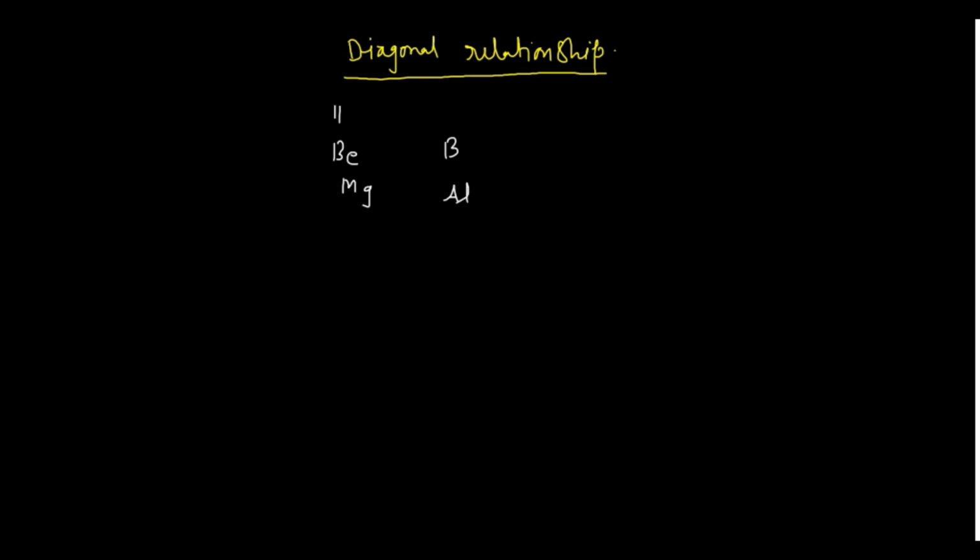Basically it is group 2 and group 3, this is your second period and this is your third period, and beryllium is diagonally placed with respect to aluminium in the periodic table. So they have similar properties, but there should be a certain reason behind this.